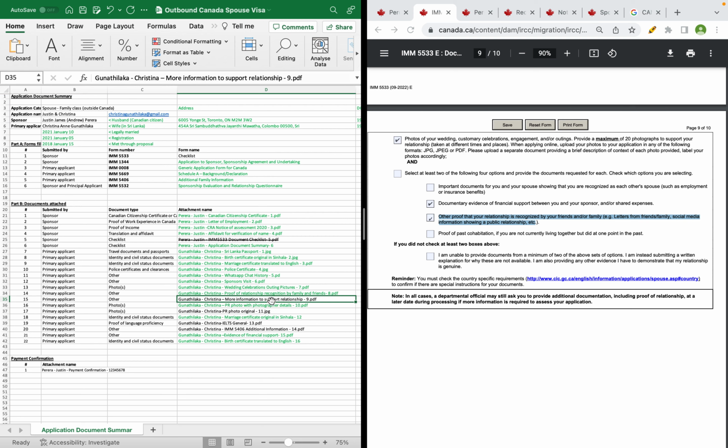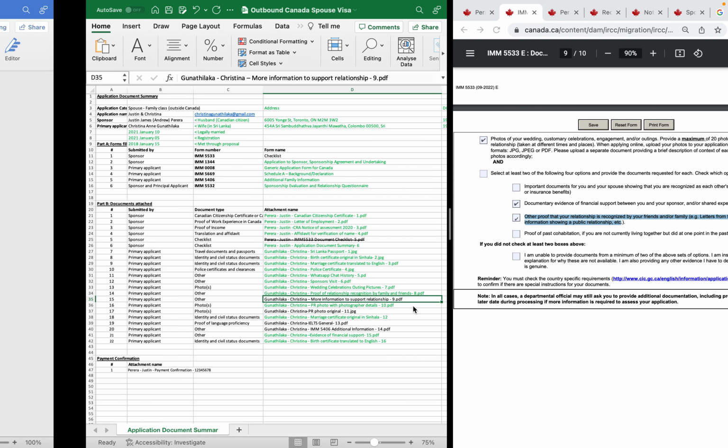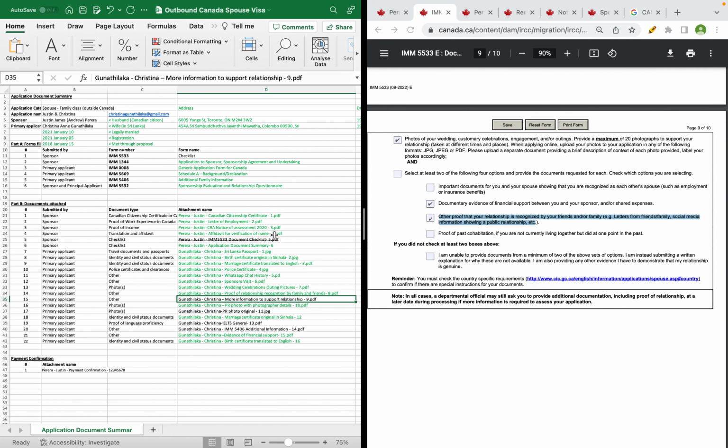More information to support the relationship was another document we did, which included items like the proposal post published in the newspaper, the initial communication between parents, and the initial message shared between the sponsor and the primary applicant, as well as the gifts exchanged during the time they were in a relationship, like the cards and the gifts for Christmas and birthdays.